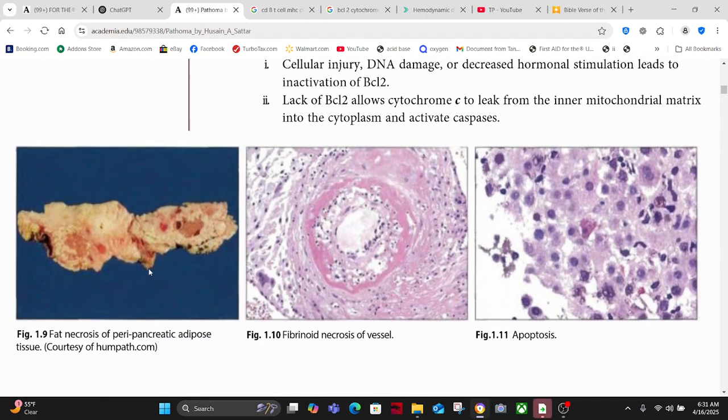So just a quick update. This is fat necrosis in the peripancreatic adipose tissue. This right here is the pancreas, and this is fat necrosis that's happening here. What are the two types of necrosis that happen to the pancreas? That was fat necrosis and liquefactive. So this is fat necrosis.